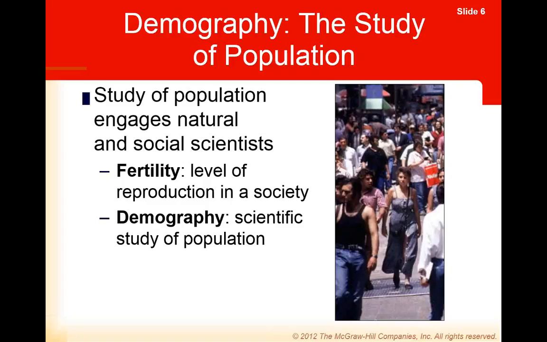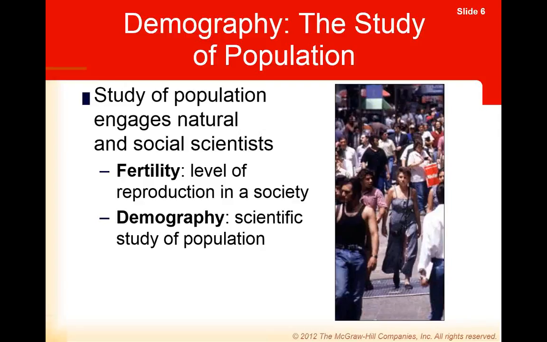Added to this, we have net migration, which is immigration, the number of people moving into your society to establish a permanent residence, minus emigration, the number of people leaving your society to establish a permanent residence in another society. And the final one would be infant mortality.